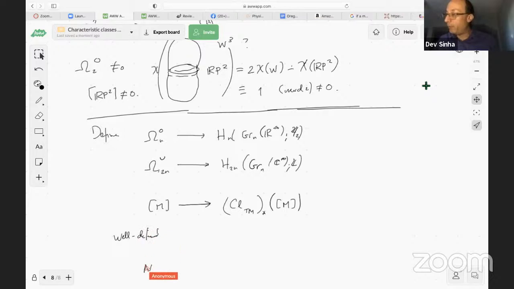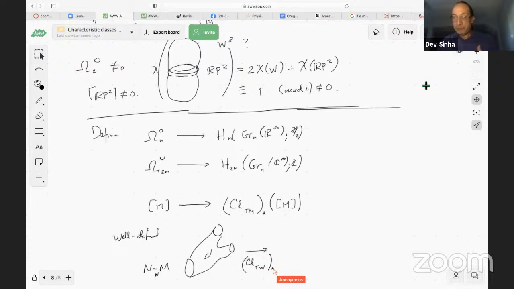Because if N is cobordant to M through some W, then let's look at the classifying map of the tangent bundle of W. In homology it's going to give us a relative class.